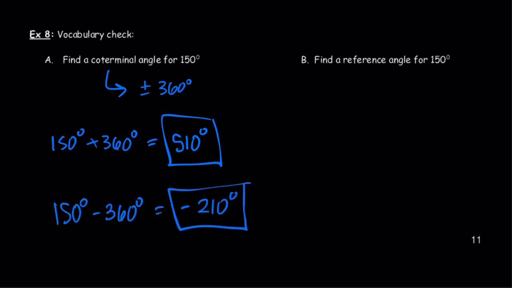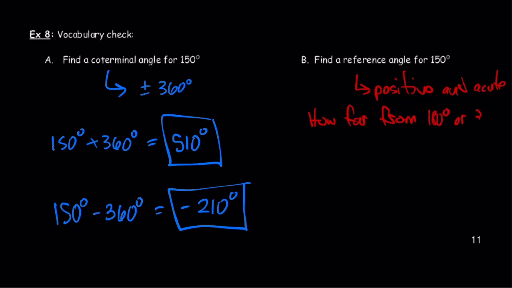B, find a reference angle for 150. So here's the difference between coterminal and reference. Coterminal is the same angle, same position. Reference angle always is positive and acute. And you ask yourself, how far from 180 degrees or 360, whatever you're closest to.